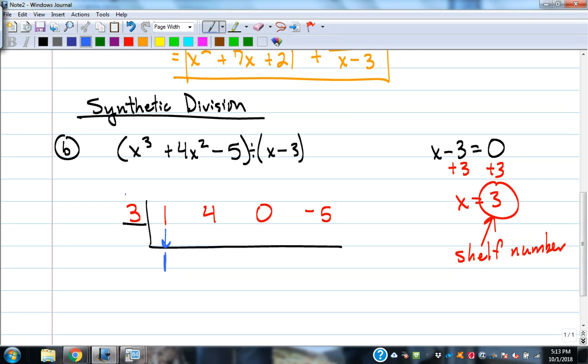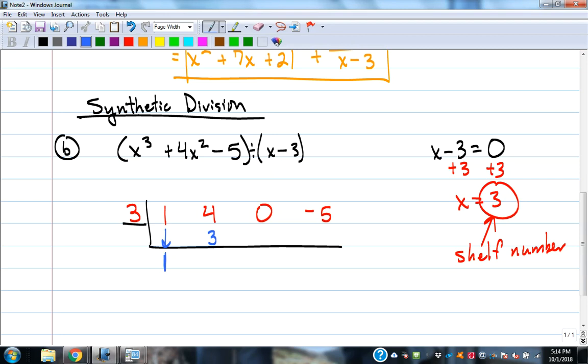Then we multiply. 1 times 3 is 3. In synthetic division, we always add. Long division, subtract. Synthetic division, always add.